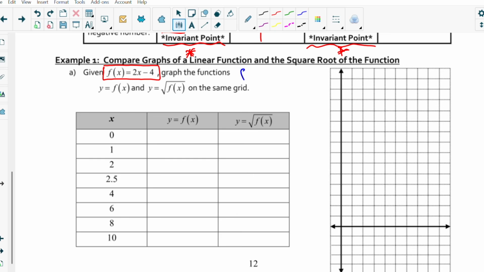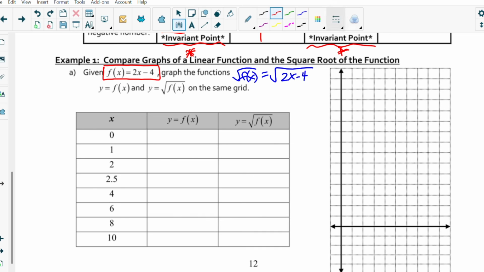We are graphing, folks, square root of f of x equals square root of 2x minus 4.